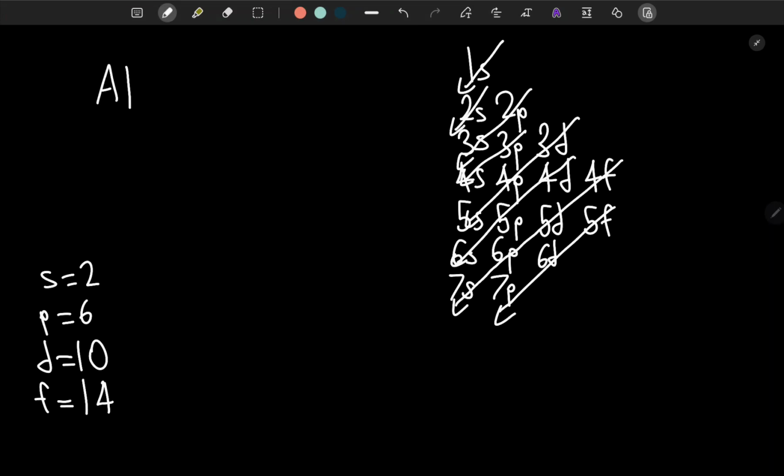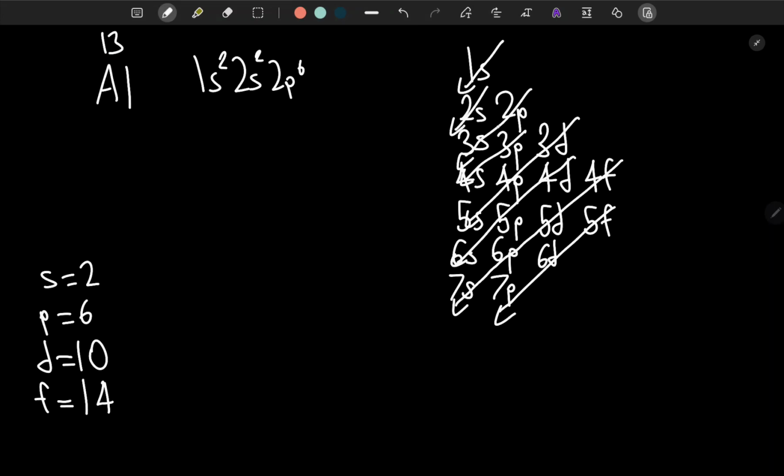Let's try the example for aluminium now. You can pause the video and try to do this yourself, and I'm just going to start with it now. Aluminium has the atomic number of 13, so we need to fill 13 electrons from our orbitals. Let's start again with 1s, which gives you 1s2. We need to use 2s2, 2p6. Now if we count, we have 10 in total, and we are only left with 3.